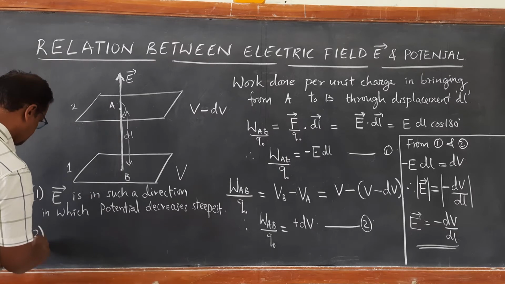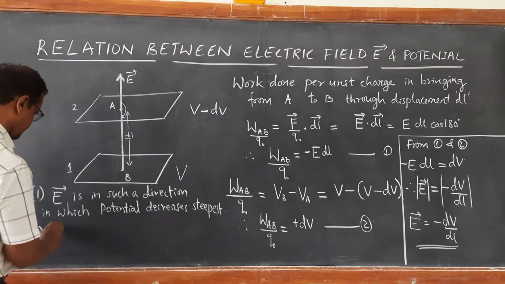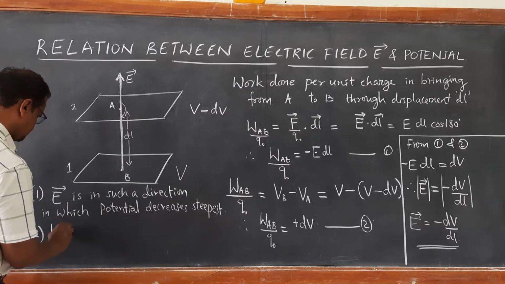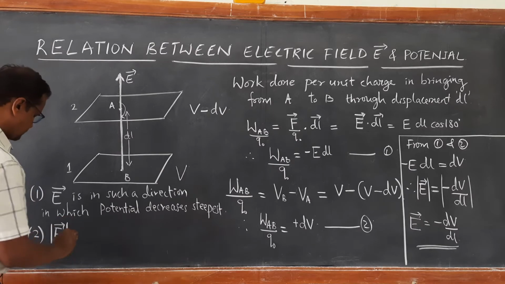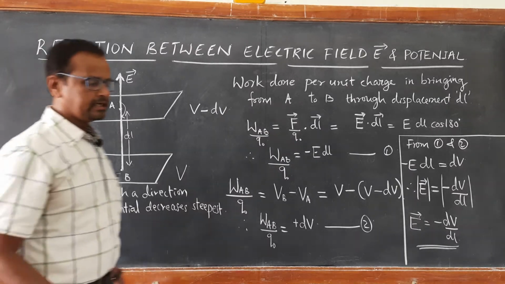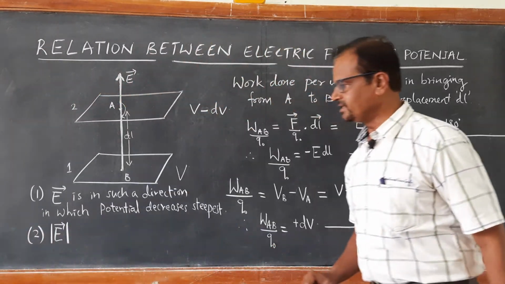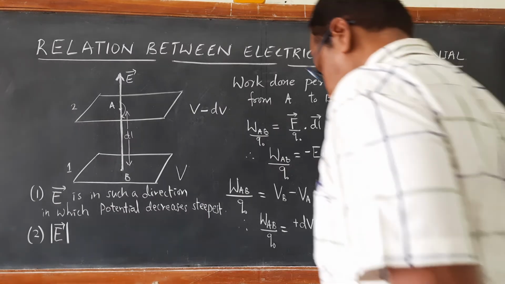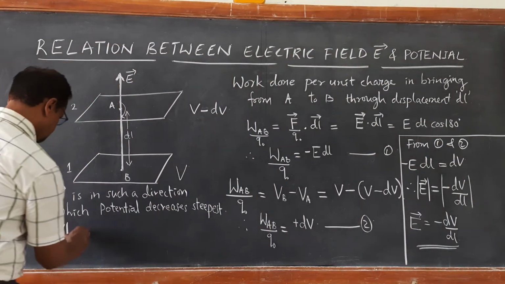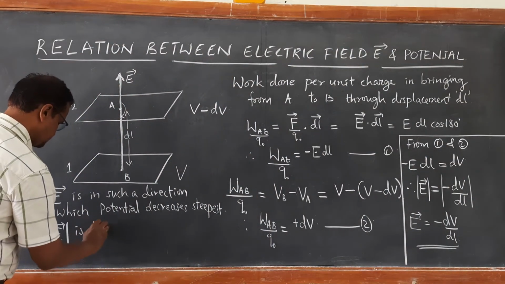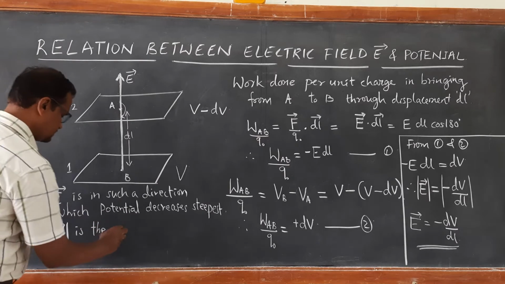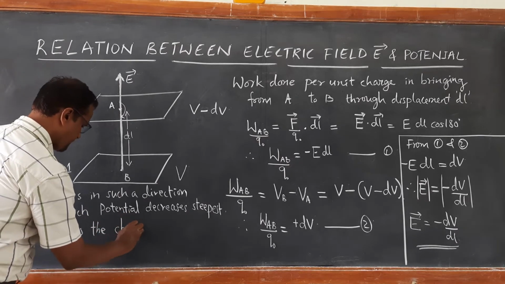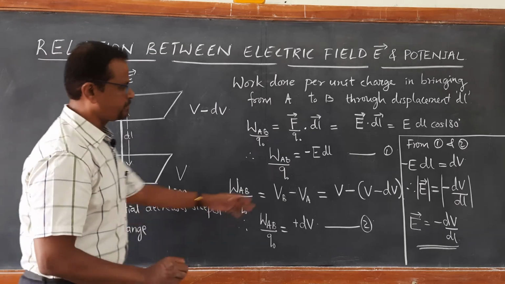Second thing is the magnitude of electric field. Magnitude of electric field is denoted by modulus of E. Modulus of E is the magnitude of electric field, the change in, means it will become positive.